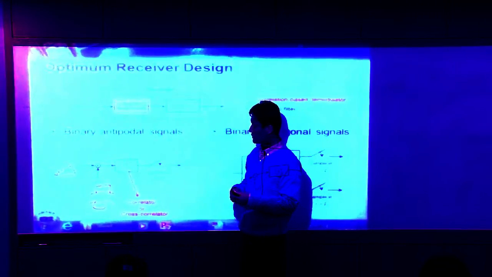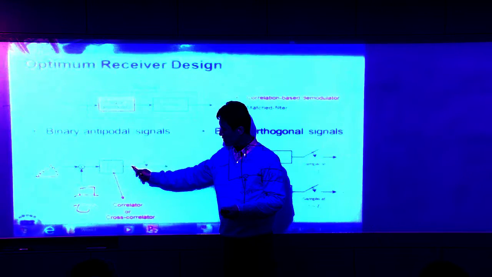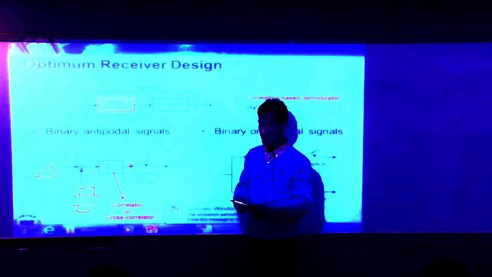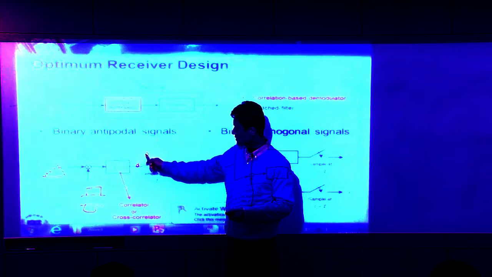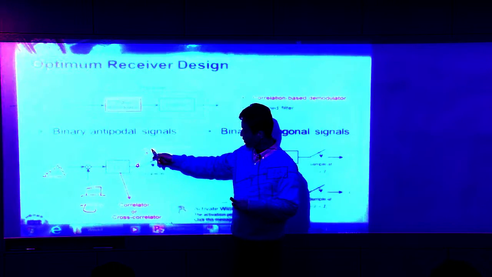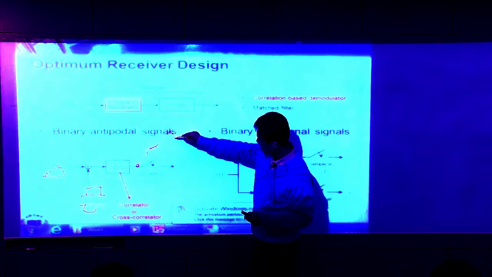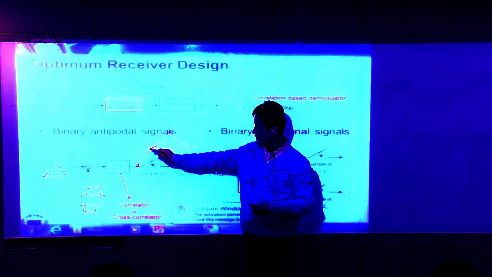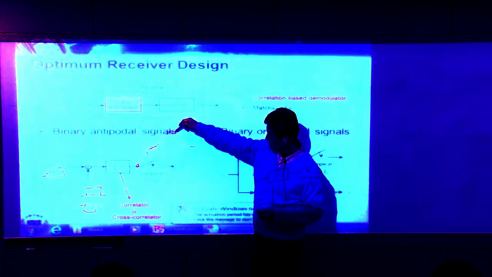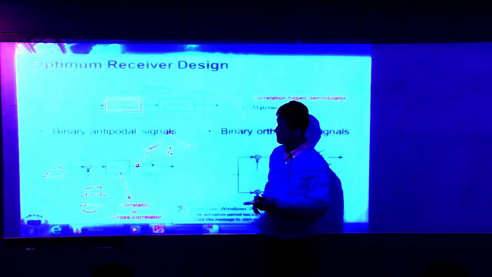In these antipodal signals, the basic operation of this correlation is the same as convolution. So when you calculate this correlation in the continuous domain, it's something like this. You always get an increase like this and going down like this, so you're going to have a peak at T_b.